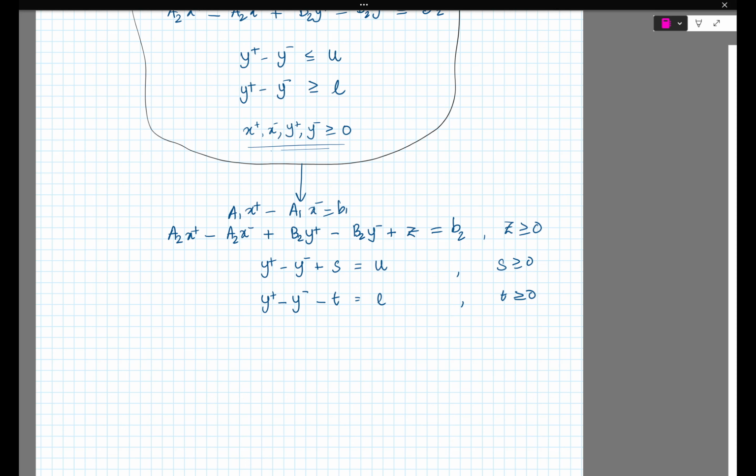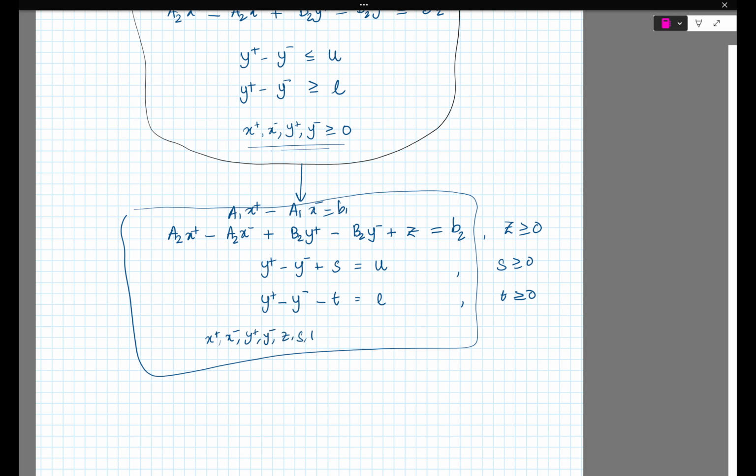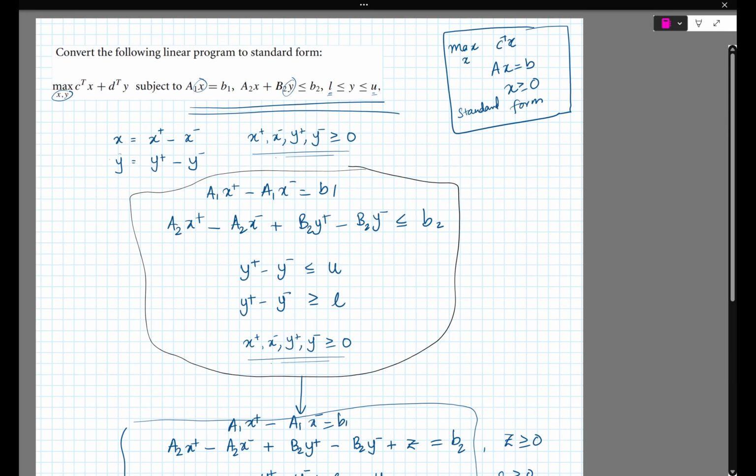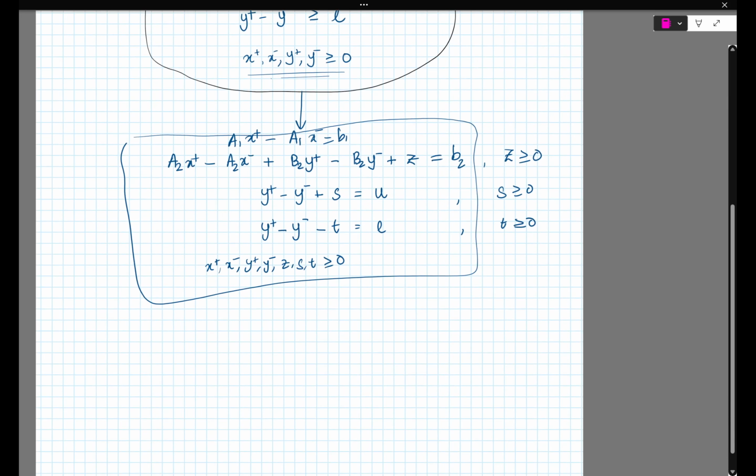So now this becomes our set of constraints, right? With x plus, x minus, y plus, y minus, z, s, t greater than or equal to 0. Okay, so this is in our standard form. You can write the objective also.